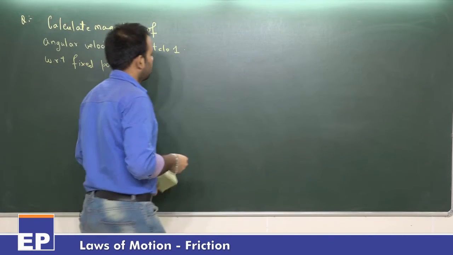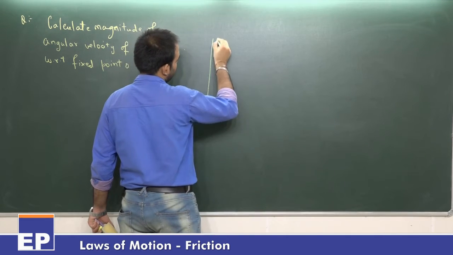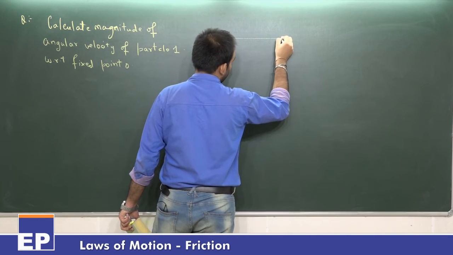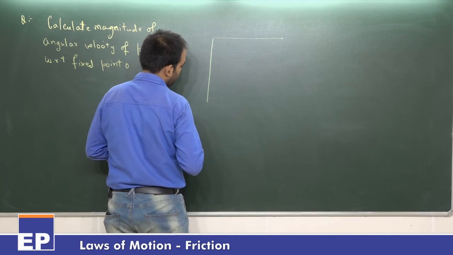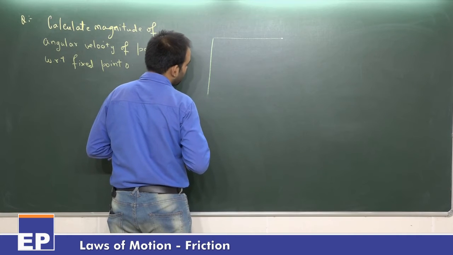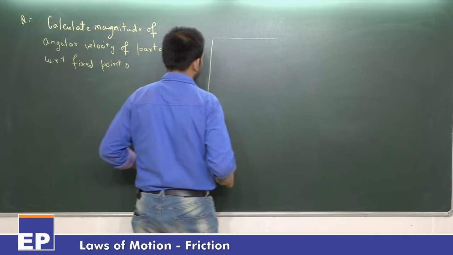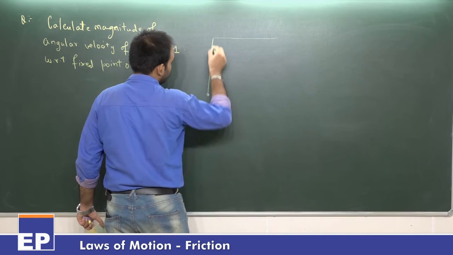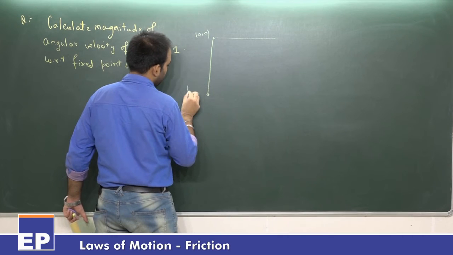Well, this is the thing. This is 0, 0. This is 0, minus d.